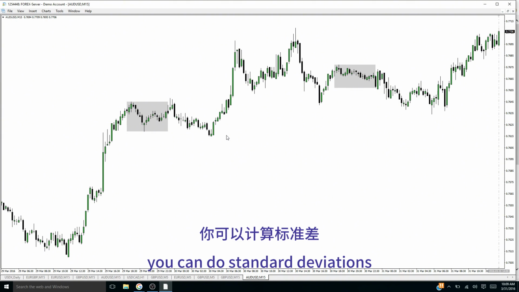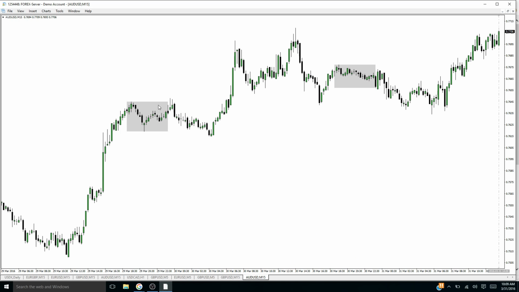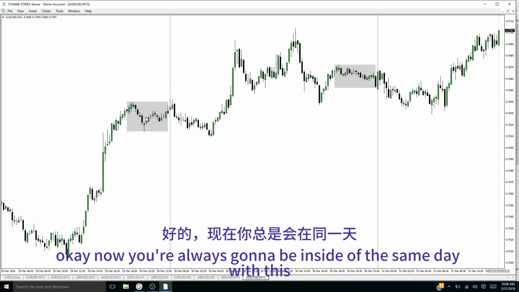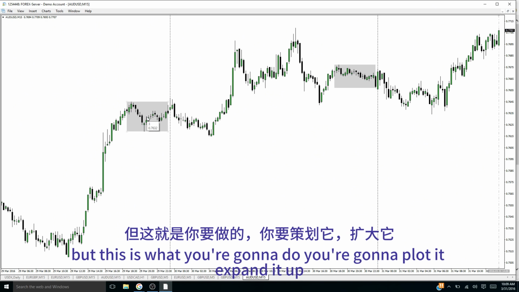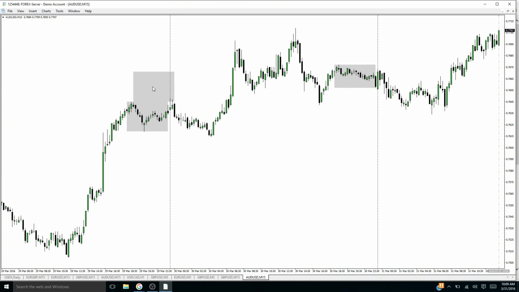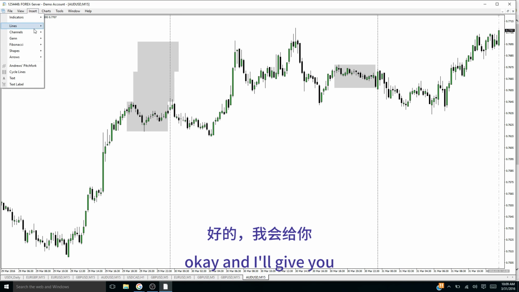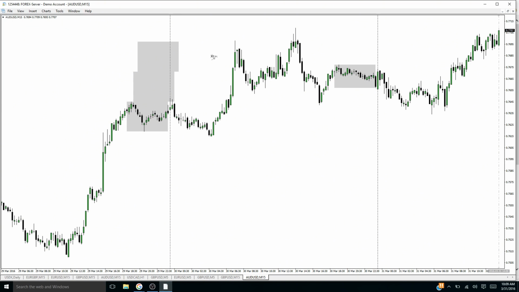You can do standard deviations. Now, you're always going to be inside of the same day with this, but this is what you're going to do. You're going to plot it, expand it up, and that'll give you what to reach for there.